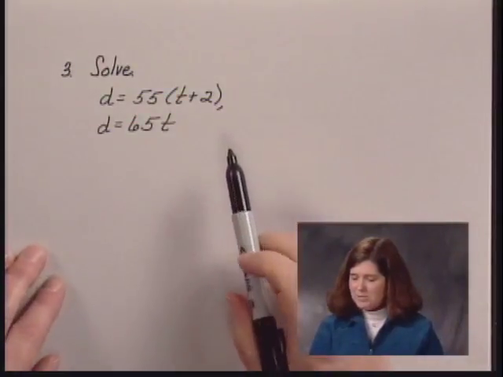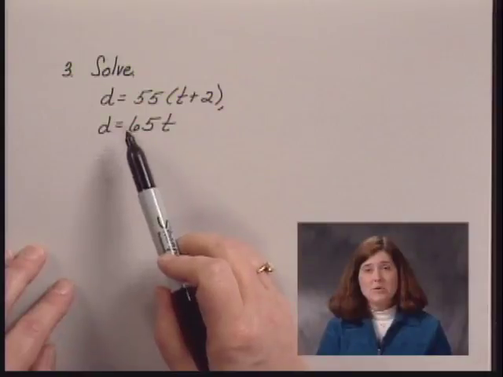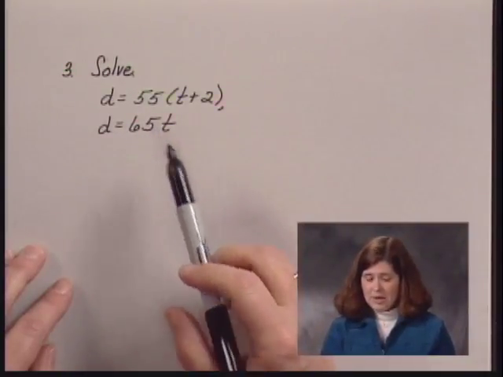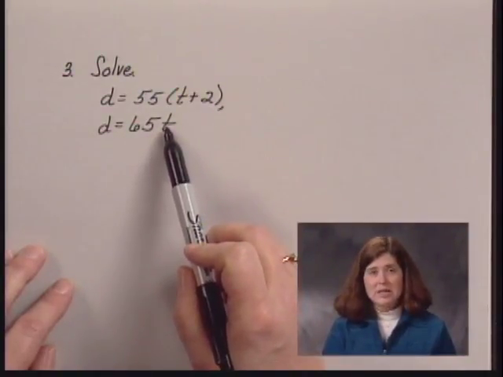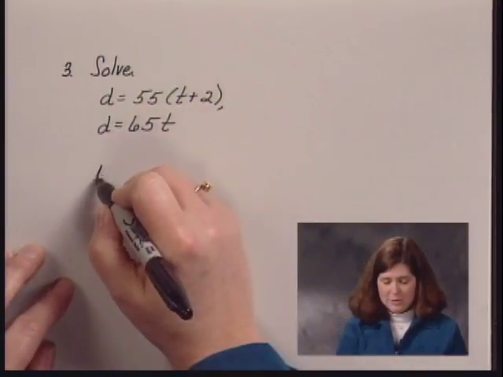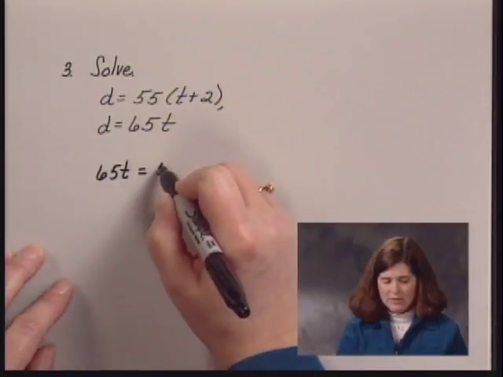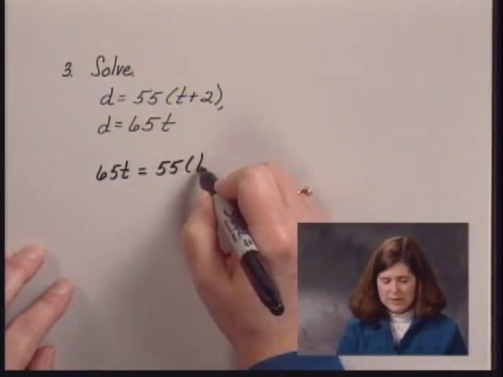To solve this system of equations, I can use substitution. Since D equals 65t, I will substitute 65t for D in the first equation. That gives me 65t equals 55 times t plus 2.